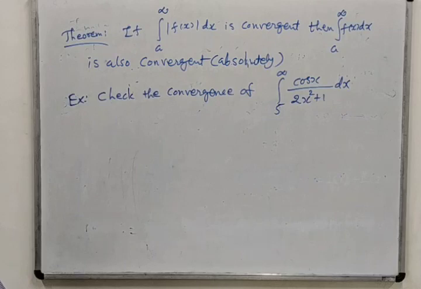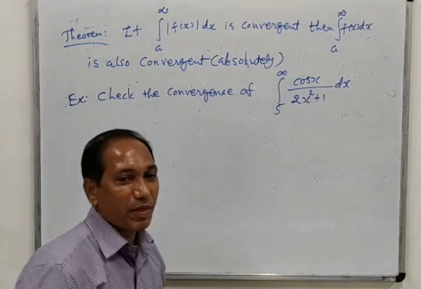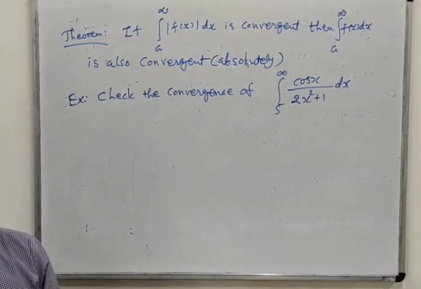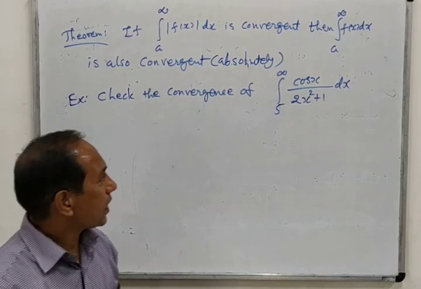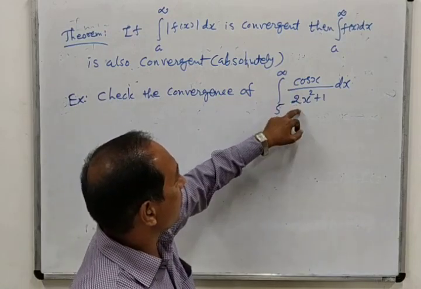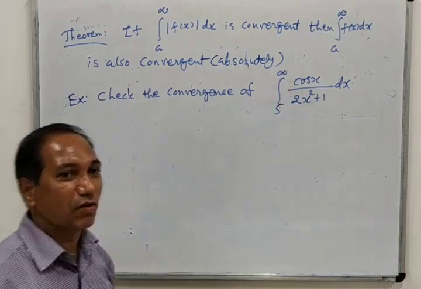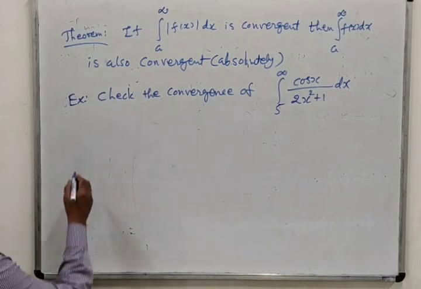So we may think of comparison test. But to do this comparison test, we have to find out the approximate function of comparison test. But that is also very difficult to obtain in this case, because we are not given directly the rational function. That means numerator and denominator both are algebraic functions. Here in numerator we are given trigonometric function, that means cos x. So we do the different thing.